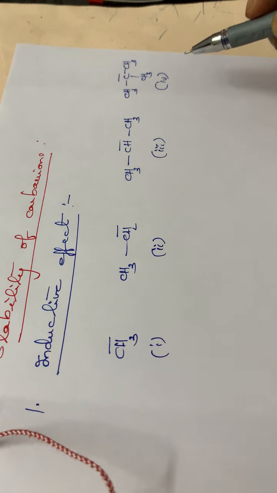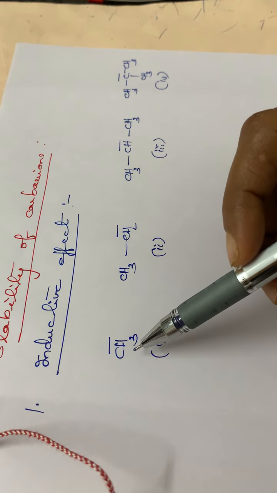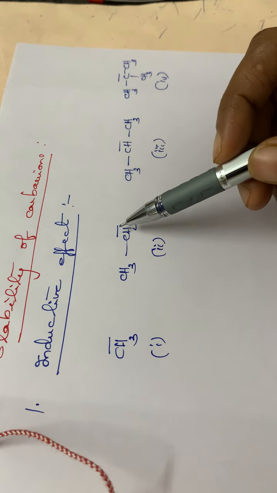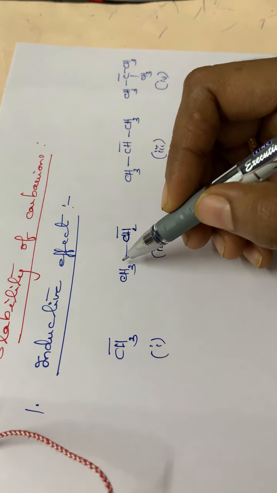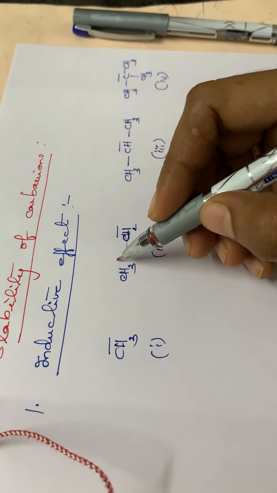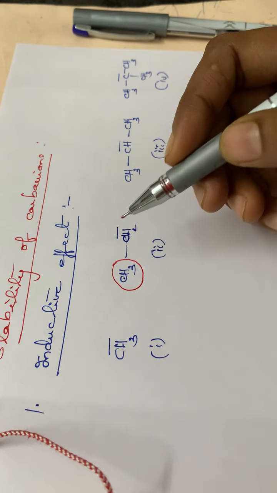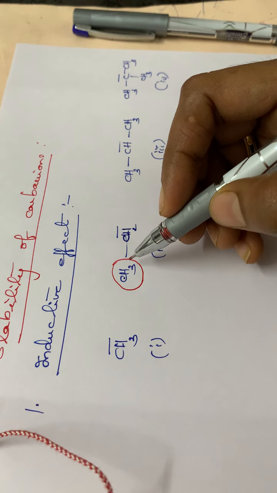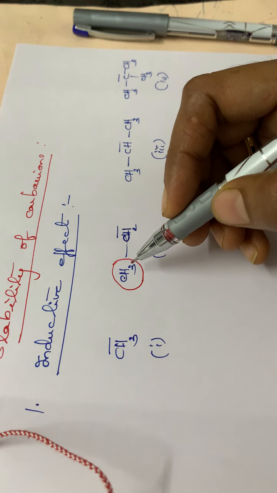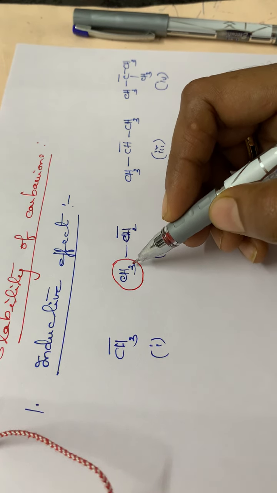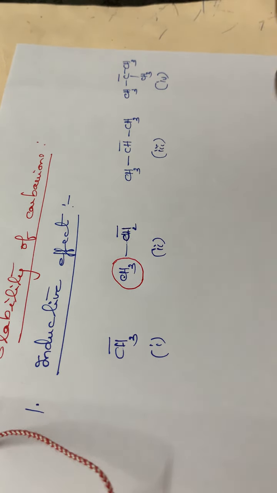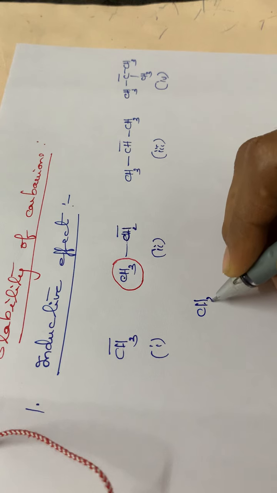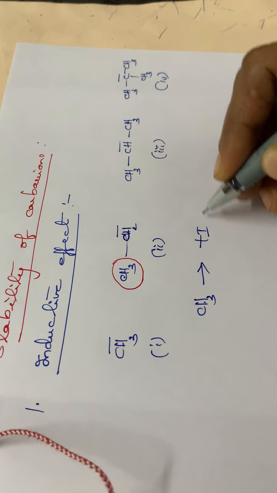How will you explain the stability of all these four carbanions? In the second case, the CH2 minus is attached to a CH3 group. What about the CH3 group? Is it a plus I effect group or a minus I effect group? The CH3 group has a plus I effect.